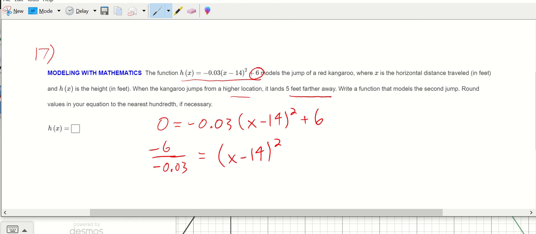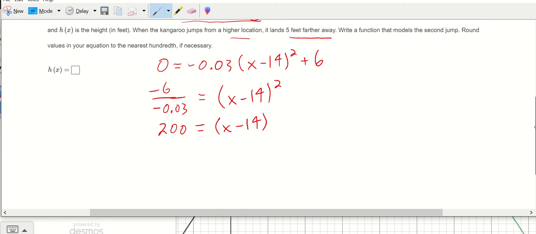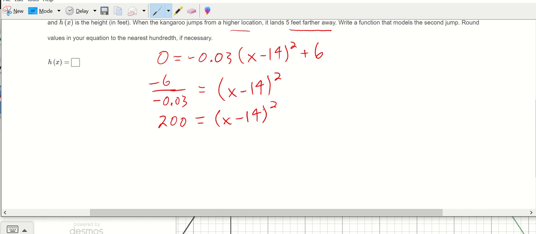And I'm going to be lazy with my arithmetic here and just do it with a calculator. All right, so 200. Alright, so I want to take the square root of both sides. Now you'll notice I didn't do plus or minus the square root. Normally when I'm solving like this, I would have to consider both the positive and negative square root there.